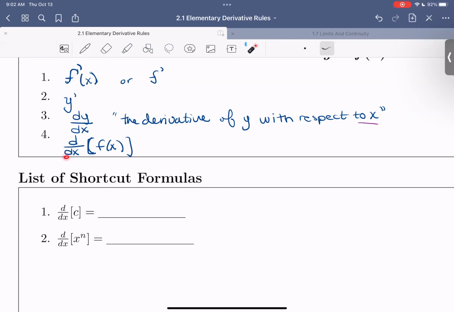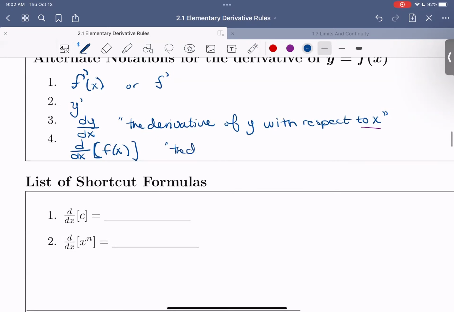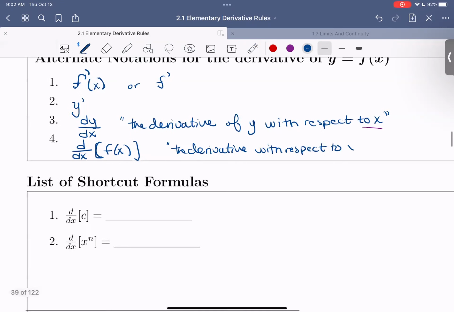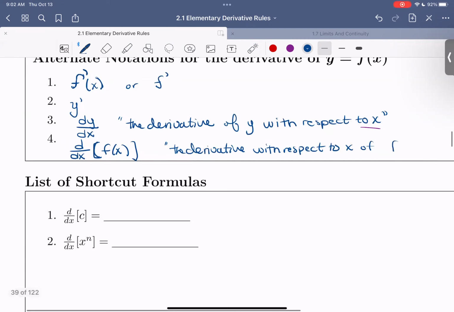And then over here, the derivative with respect to x. So in words, we'd say the derivative with respect to x of f of x.